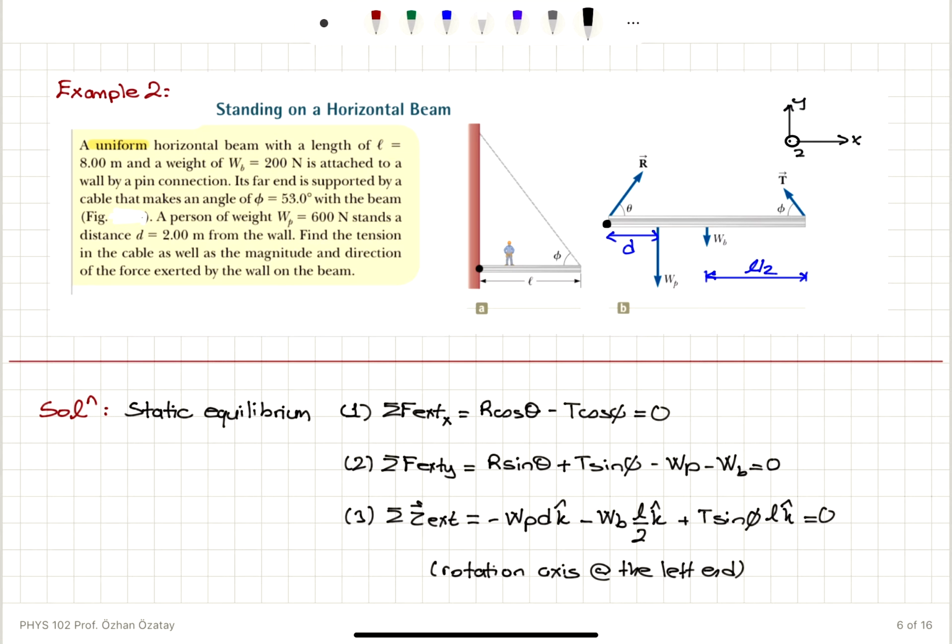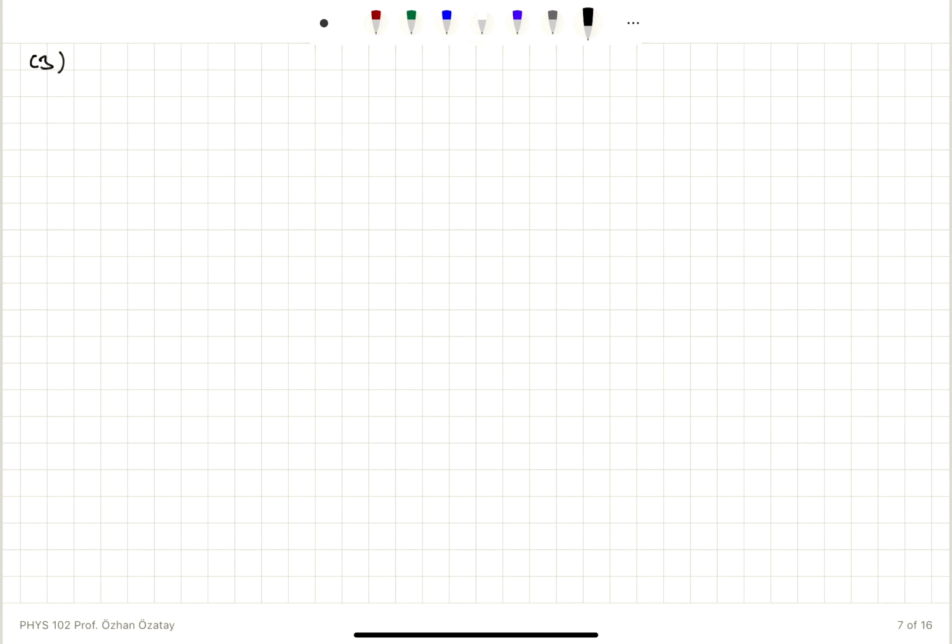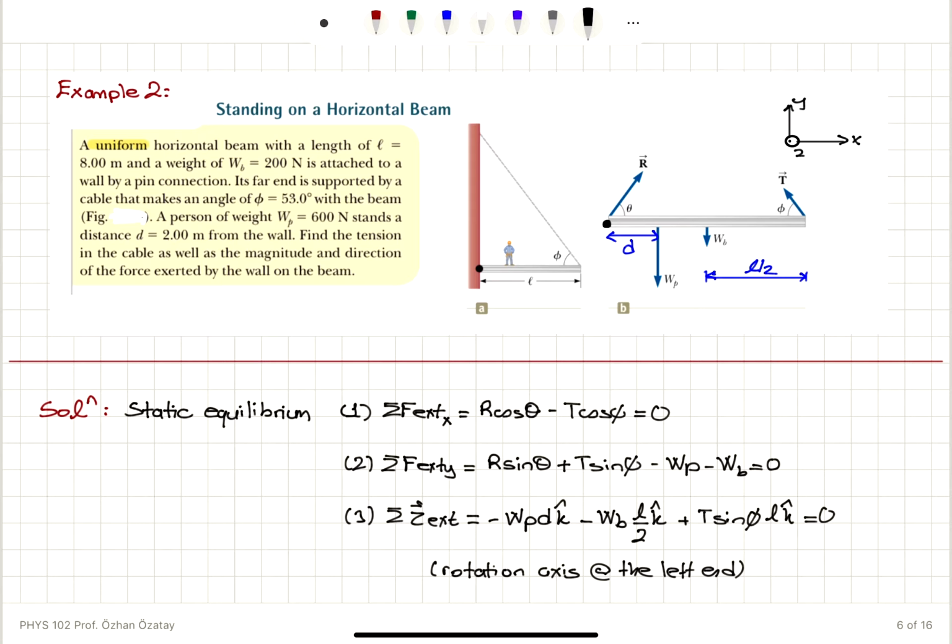Okay, so from these three equations, what I was supposed to find is basically the tension, the magnitude of the tension in the cable, and the magnitude and direction of the force exerted by the wall on the beam. So this angle theta and R. So those three things I should find. From equation number 3, where R is eliminated because I have chosen this as my rotation axis, two of the unknowns are not present, only one unknown, tension, is present.